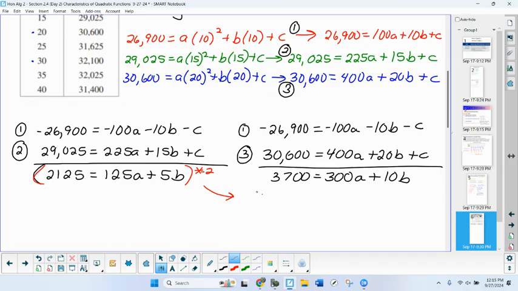You get negative what? 4250. You get negative what? 250. And you get what? Negative 10B. All right. So now let's add those together.